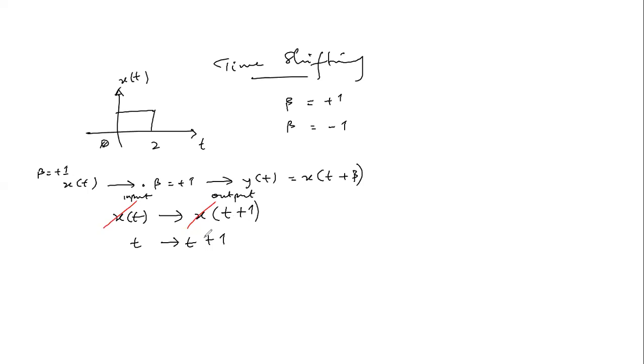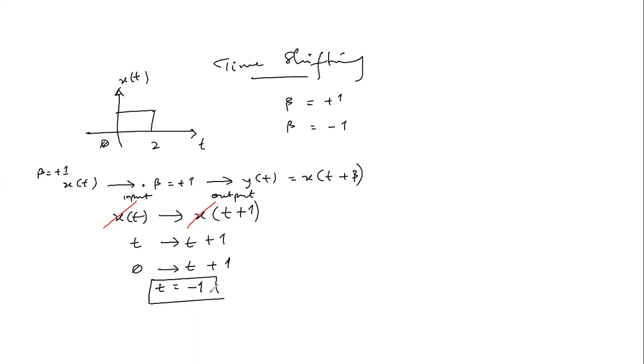So if t is the same as 0, for instance, we want to work on the time axis now. If t is the same as 0, this is the input value. So what is going to be t at the output? So make t subject of the formula. T is equal to -1, right?